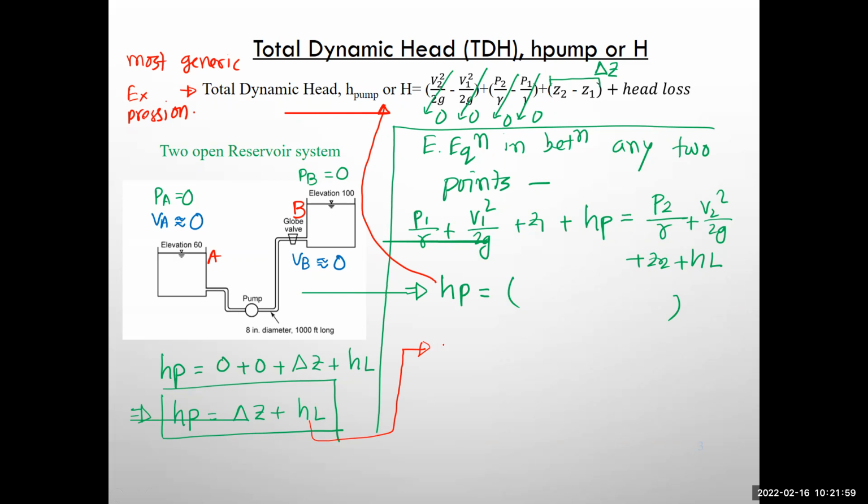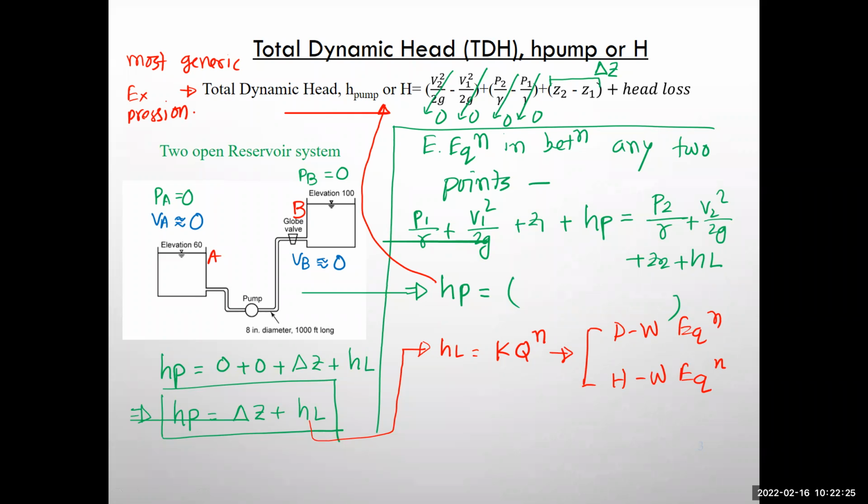And we will just write down that head loss equals K Q to the power N. You can use the Darcy-Weisbach equation or the Hazen-Williams equation. It doesn't matter which one you use. Based on the available data set, you need to decide which one you can use.